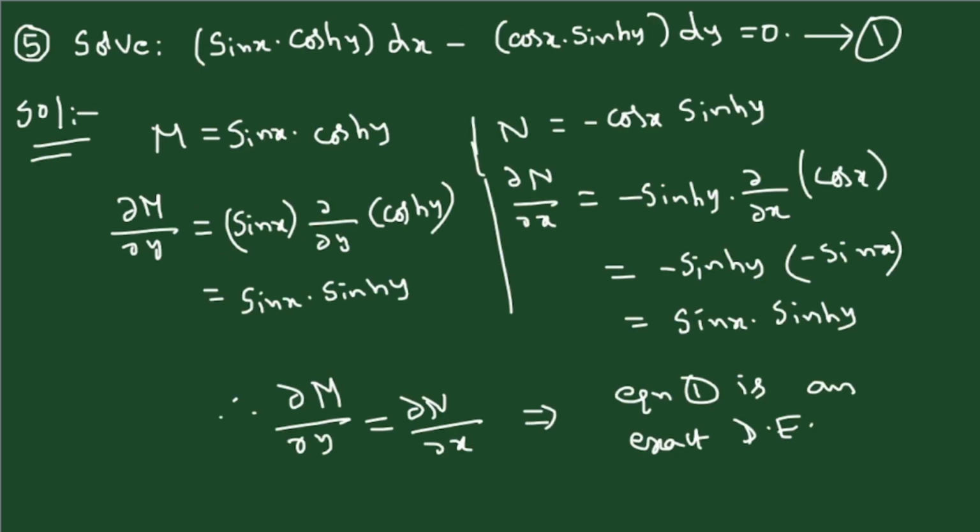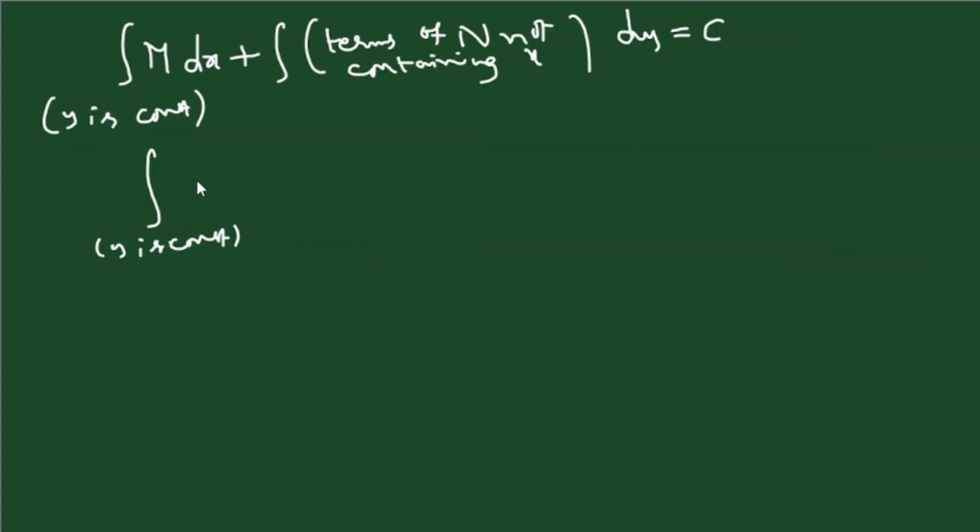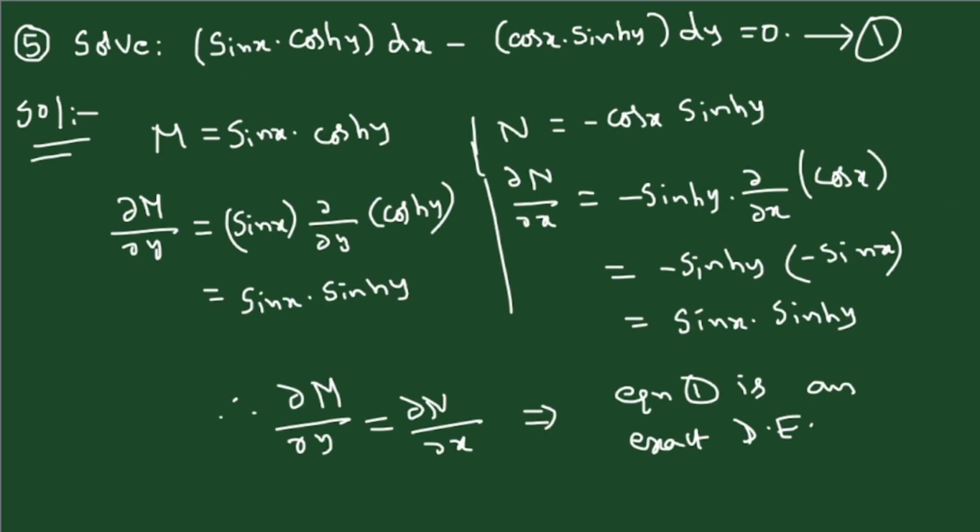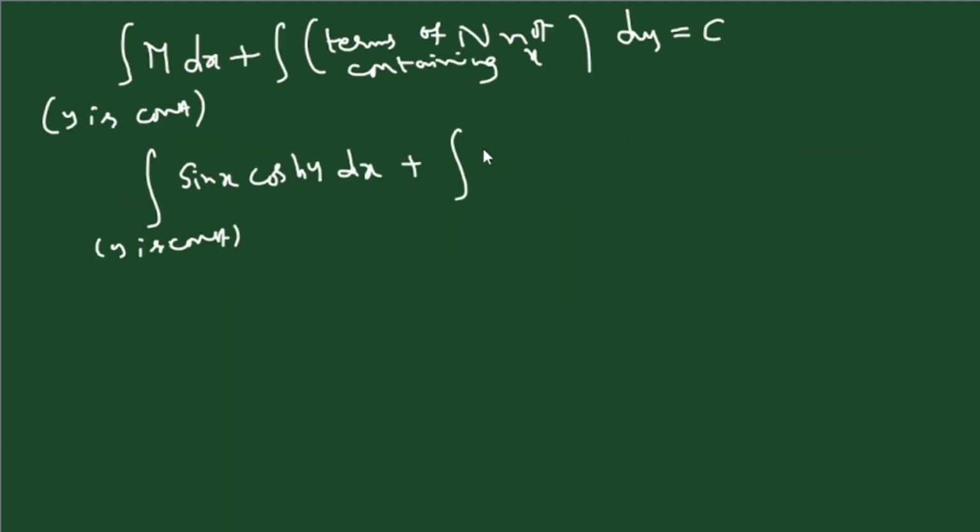M, what is m? M is sin x into cos hy. Sin x into cos hy dx plus integral terms not containing x. But in the second function n, we have only one term which is having x. So you cannot take it. So put the 0 in place of integrand. Then we are keeping y as constant, therefore you can take cos hy out of the integral.